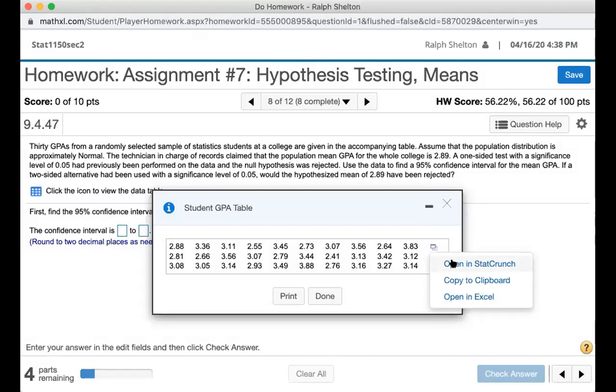No, I'm just wondering if that's probably it. The thing is, I can't see another StatCrunch page.